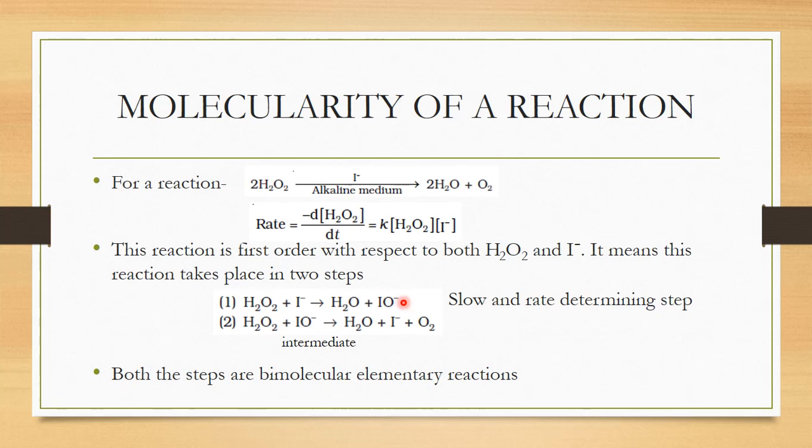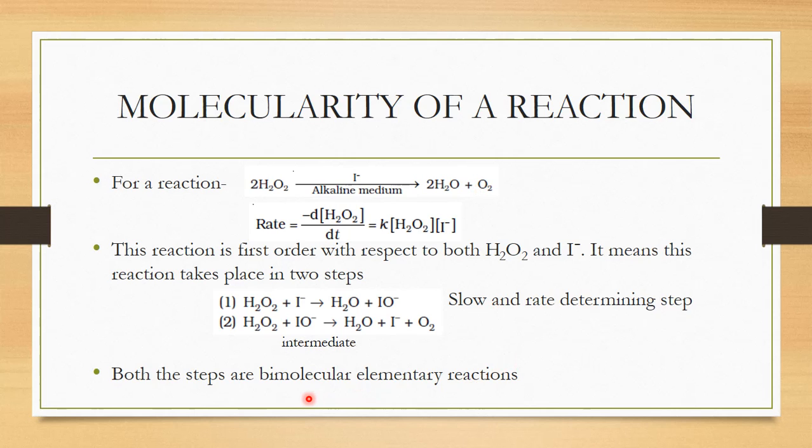If you compare the products of this reaction with the actual products, you will see IO⁻ is not present. It means IO⁻ is an intermediate, and in the second step, IO⁻ will further react with one more molecule of H2O2, as is shown in the overall reaction, to form H2O, I⁻ and O2. If you add these two steps, you will get the same overall reaction.